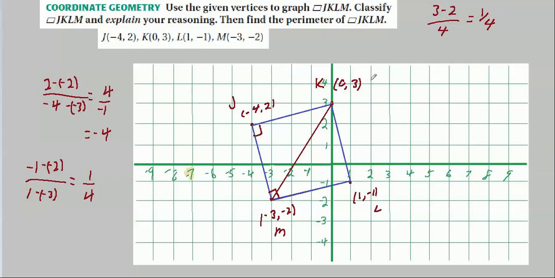Maybe I better do it. I don't like the way this looks. 3 minus negative 1. Okay, do it down here. Over 0 minus 1. Okay, that's 4 over minus 1. And that's minus 4. Okay.